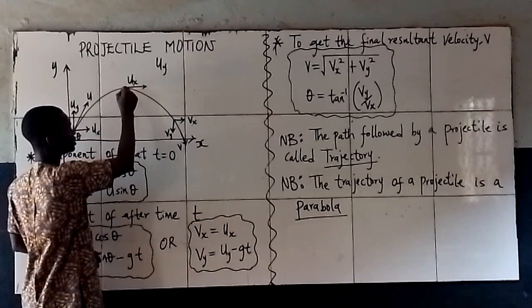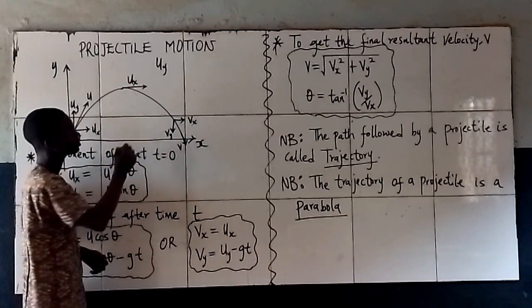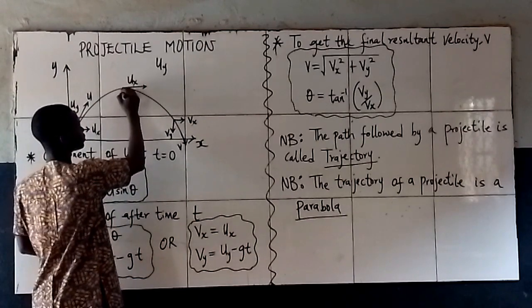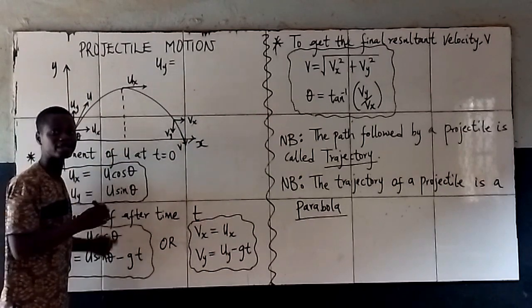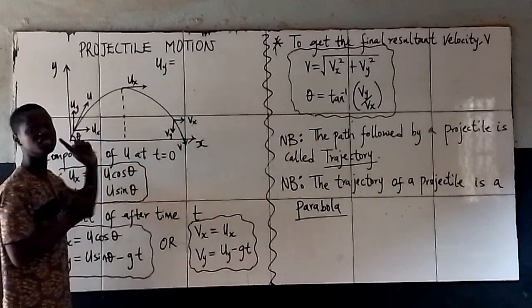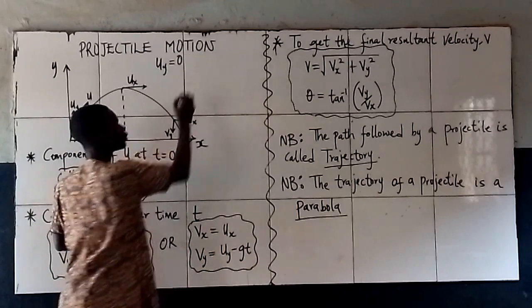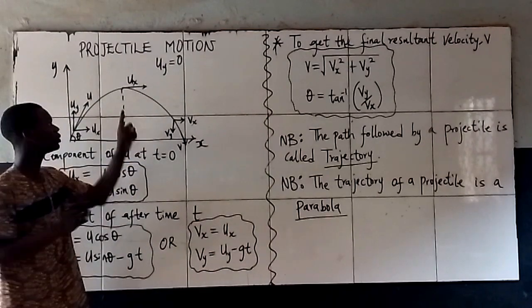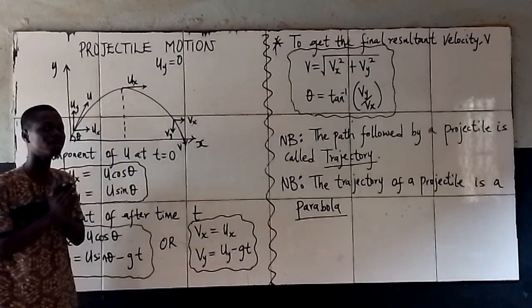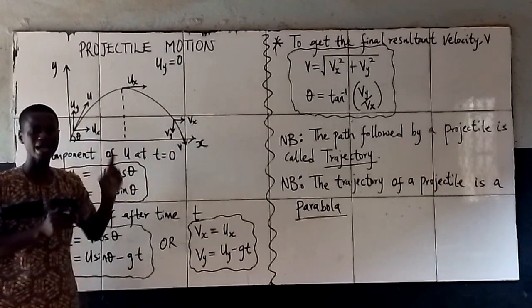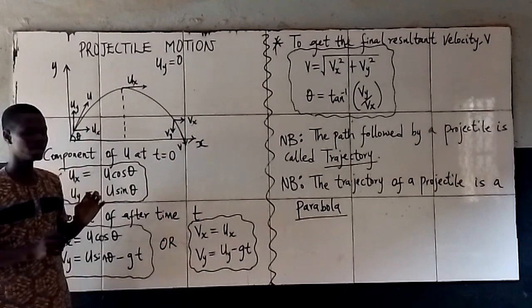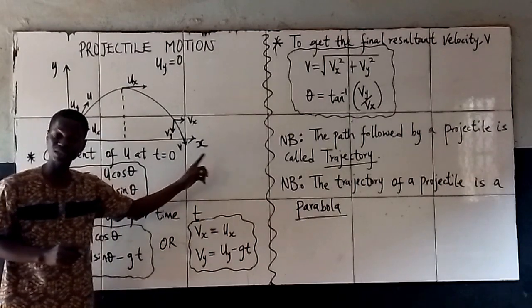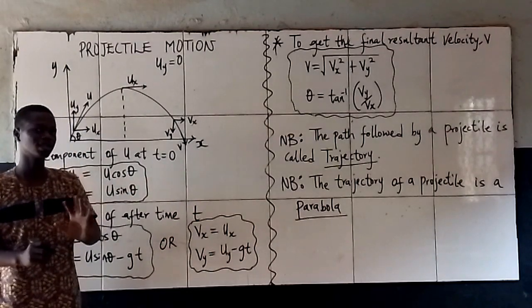At this very point, we have the highest height, is it not? So at the maximum height, the uy, that is the vertical component of the initial velocity, is 0. The only velocity we have at the maximum height, emphasis on maximum height, the only component of velocity you have is the u subscript x, and that is the horizontal component. I hope that is clarified.